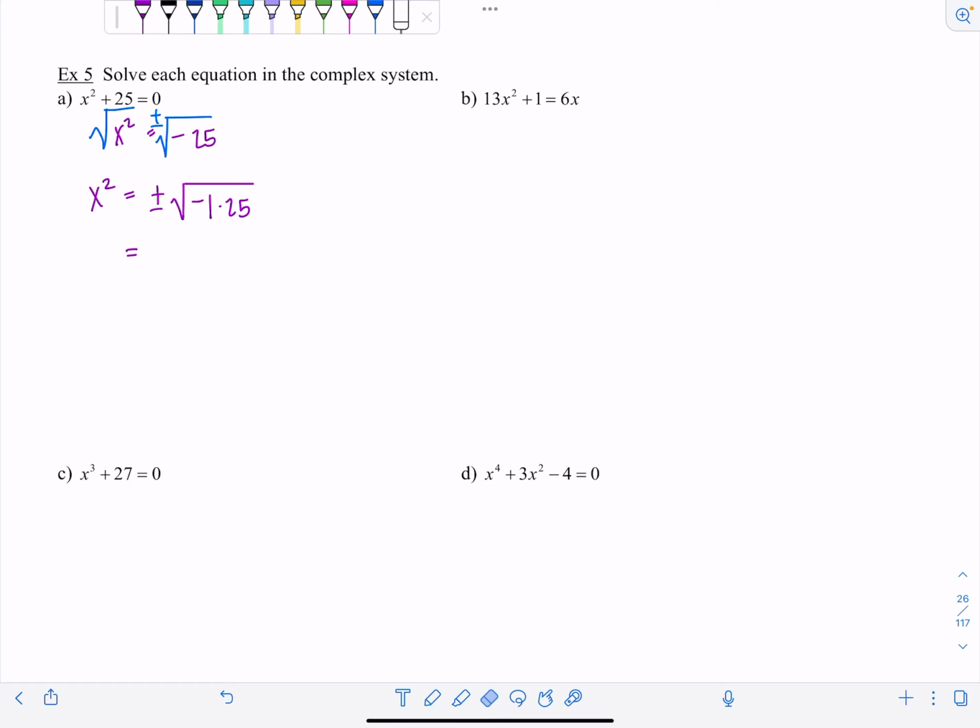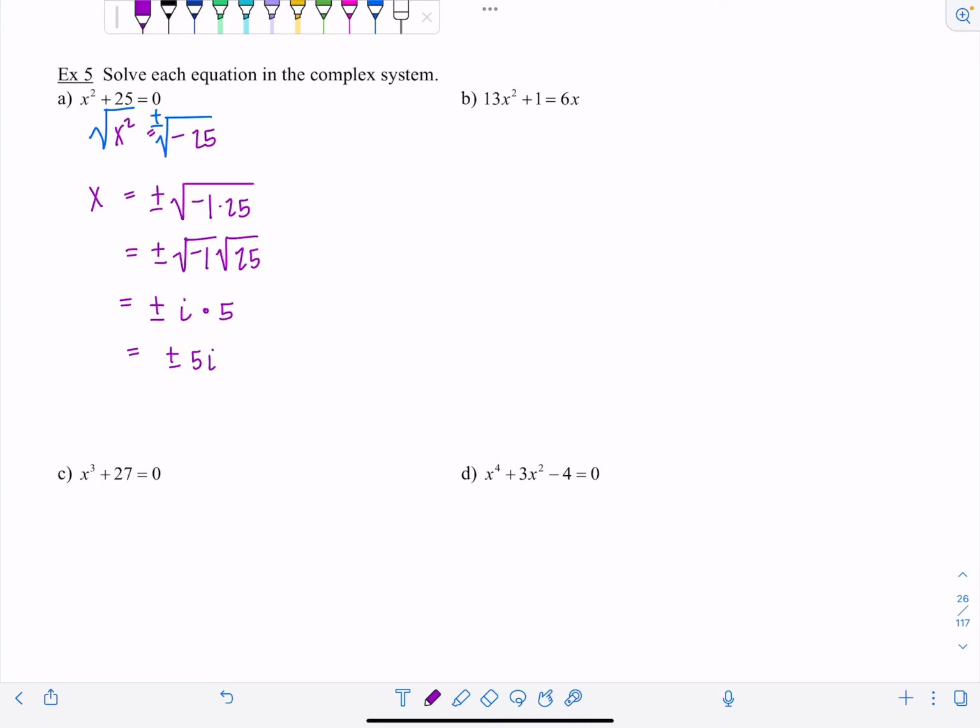So this is plus or minus the square root of negative 1 times the square root of 25, which is plus or minus i, since the square root of negative 1 is i, times 5. We don't write it that way. We put plus or minus 5i.